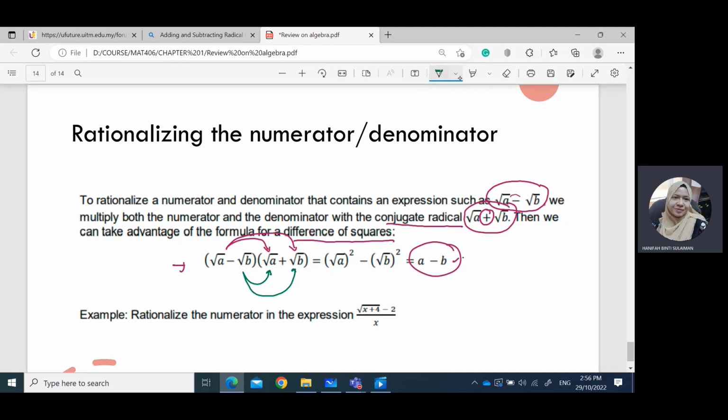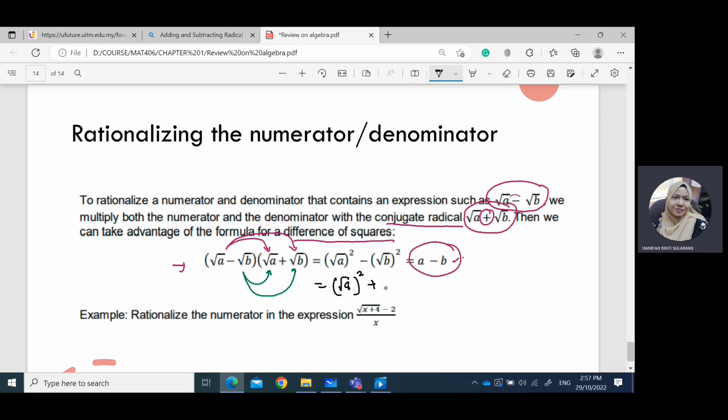Okay, so now look at this one. How do we expand this expression? Okay, so we multiply square root of a with square root of a. Then here we have square root of a to the power of 2. And for the second term, we multiply negative square root of a with square root of b.